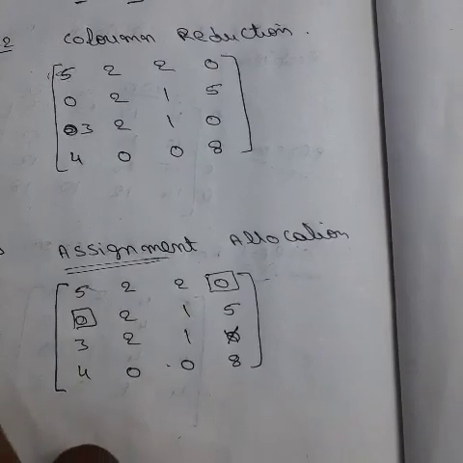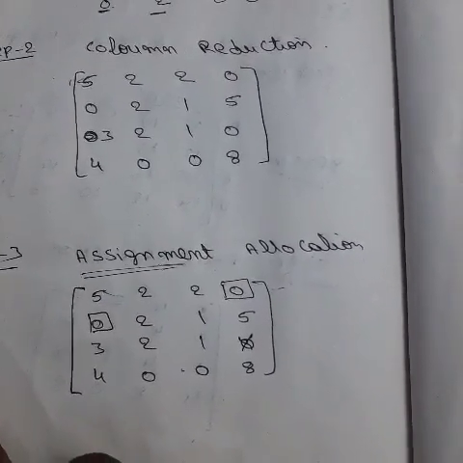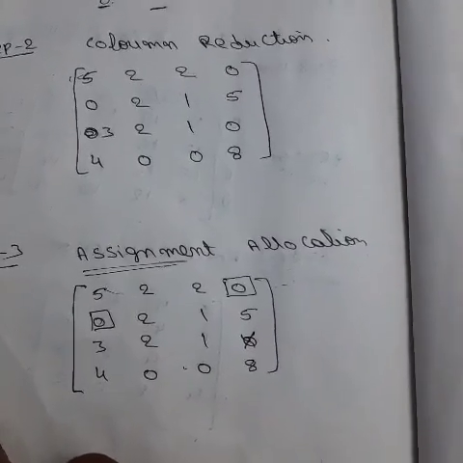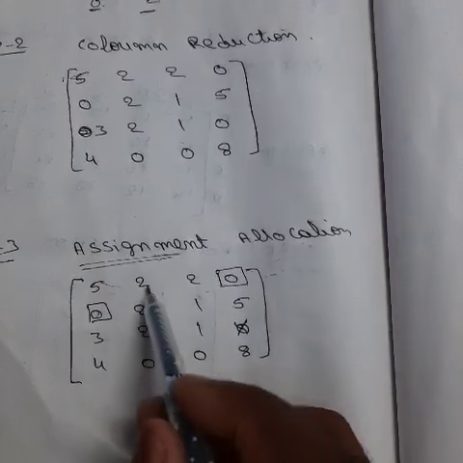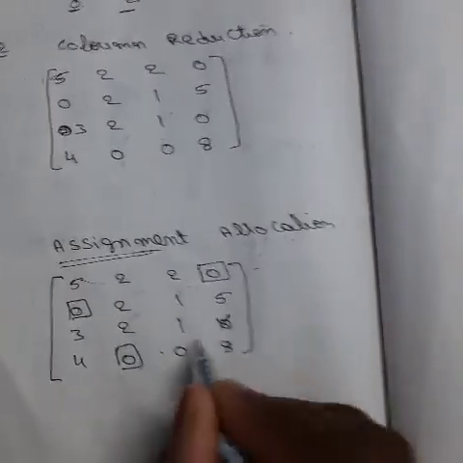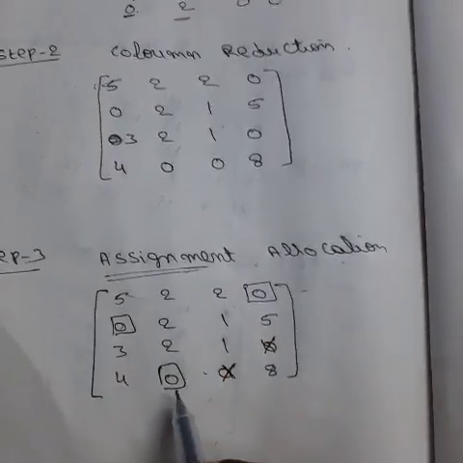If there is more than one zero and we don't have any option, then go through the columns. Check the columns which have a single zero. There are no zeros pending here, there is a single zero pending here, and strike off the other zeros in its corresponding row or column.